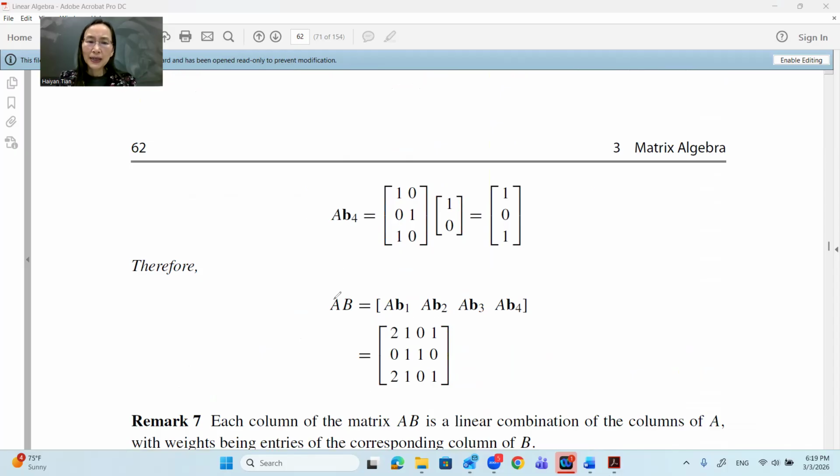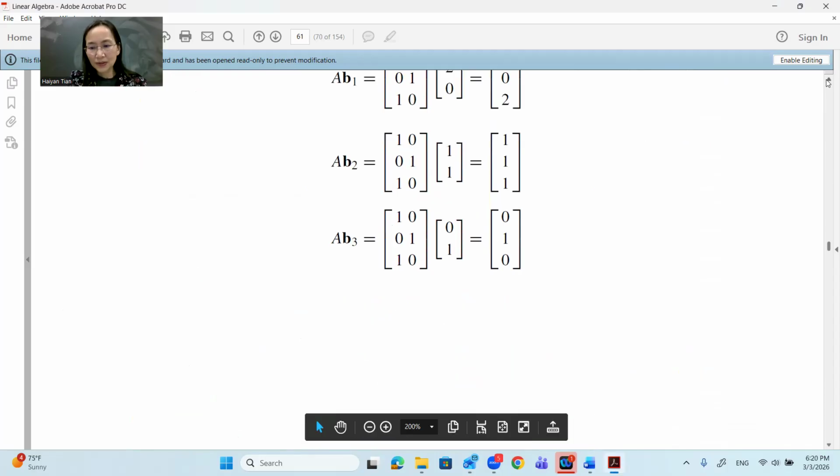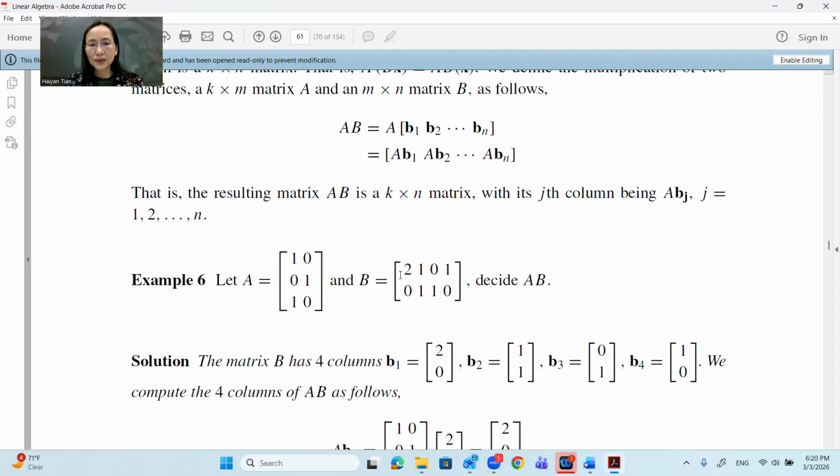Yeah. So if A times B, can we multiply B by A? Is that possible? I want to ask you if you think it is possible or not possible. So B is 2 by 4. If I want to try to do B times A, A is 3 rows, 2 columns.